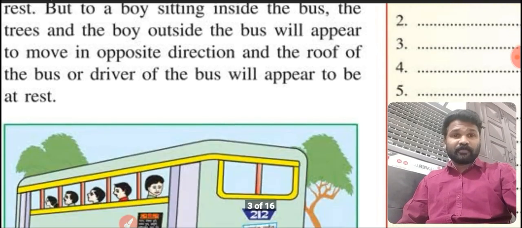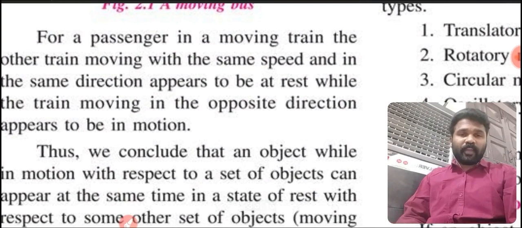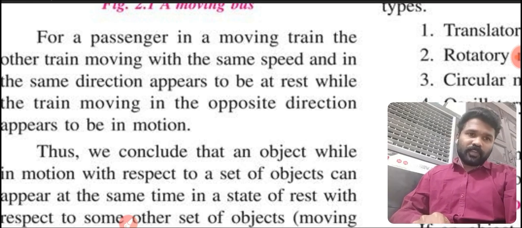Okay students, for a passenger in a moving train, the other train moving with the same speed and in the same direction appears to be at rest, while the train moving in the opposite direction appears to be in motion.